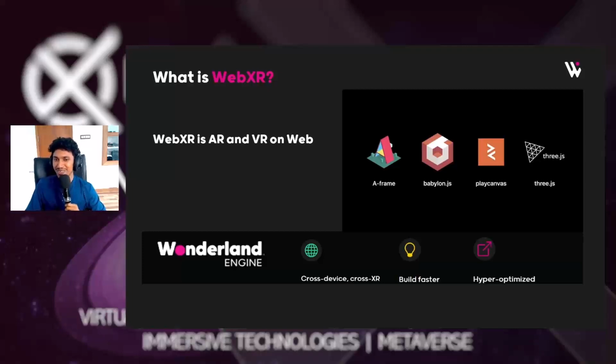Recently I think there's also another tool called Needle Engine, but back in the time it was not there. What I was trying to do was this: I already had a Unity experience, so I wanted to export it.